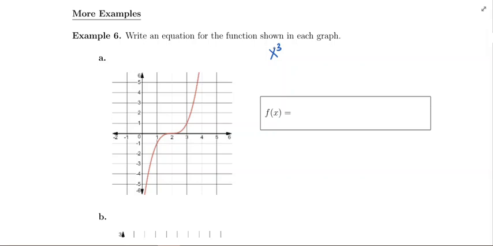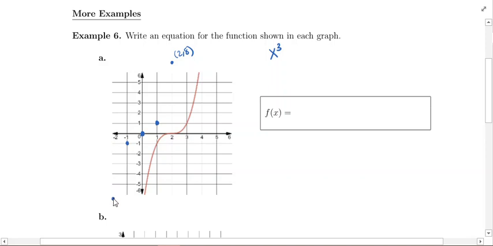So x cubed goes through 0, 0. It goes through 1, 1. It goes through 2, 8. I'm not sure if this is showing up for you, but there's a vertical line here going through x equals 2. So let's see. This is 6 right here, so it'll be somewhere up here at 2, 8. And then in this direction, the graph goes through -1, -1, and then -2, -8.